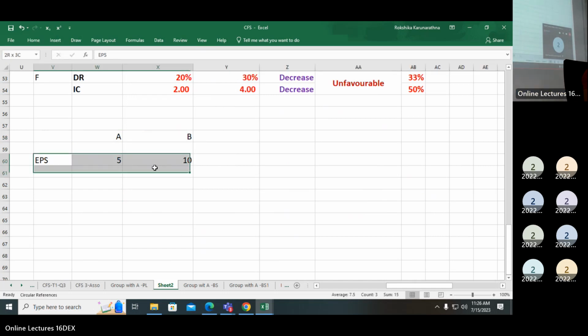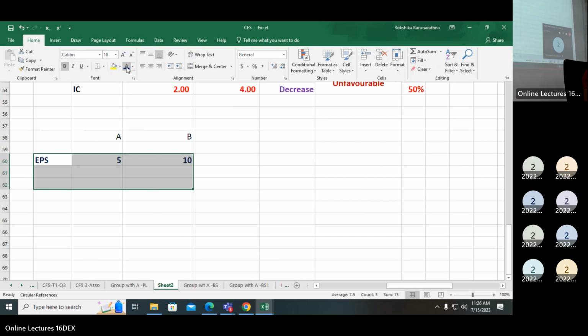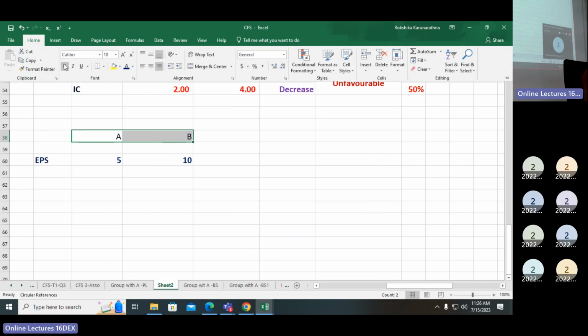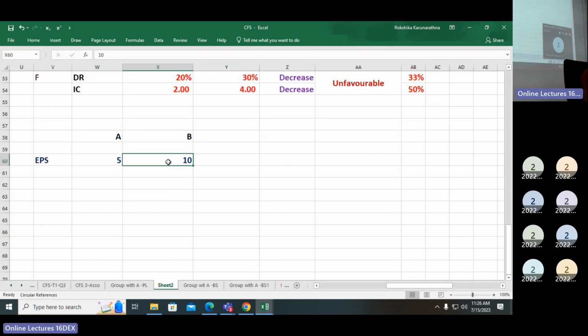No? Because A per share earning is 5 rupees, B 10 rupees. But from the investor's point of view, the investor should consider how much you need to invest to get this 5 rupees.